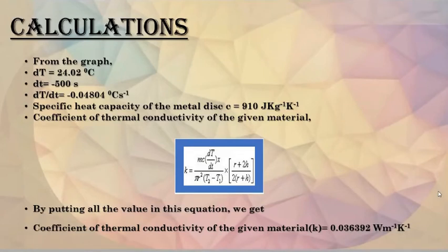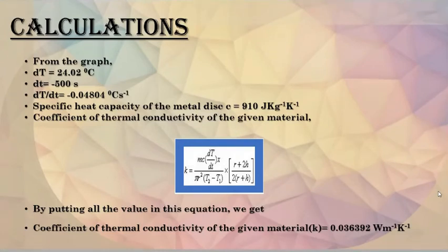Coefficient of thermal conductivity of the given material is given by K is equal to m c dT by dt x upon pi r square (T2 minus T1) into (r plus 2h) upon 2 (r plus h).